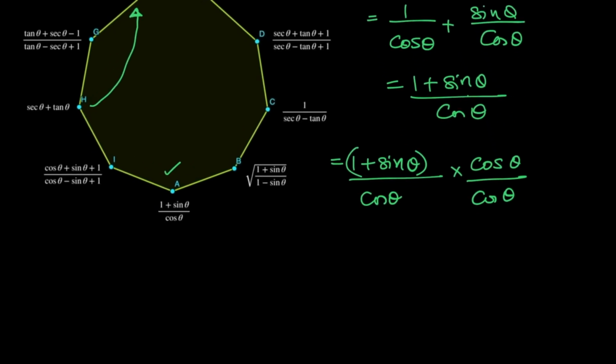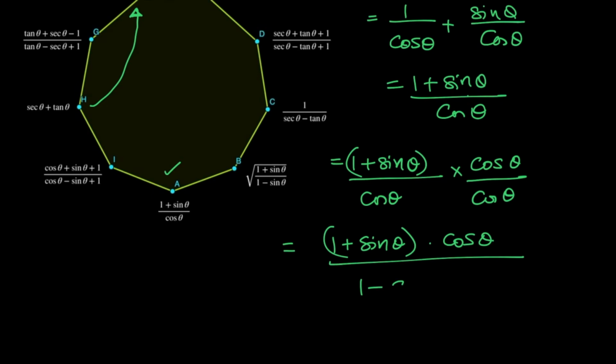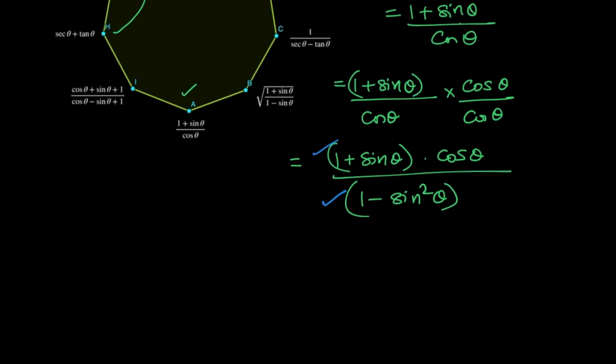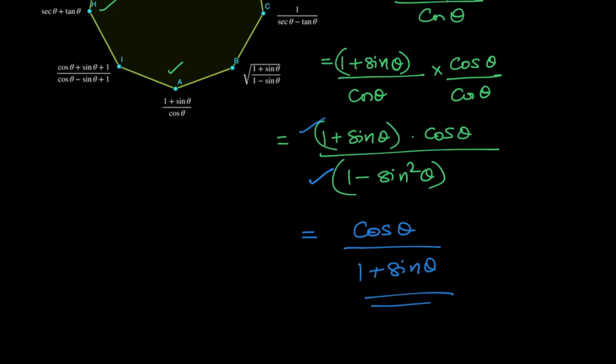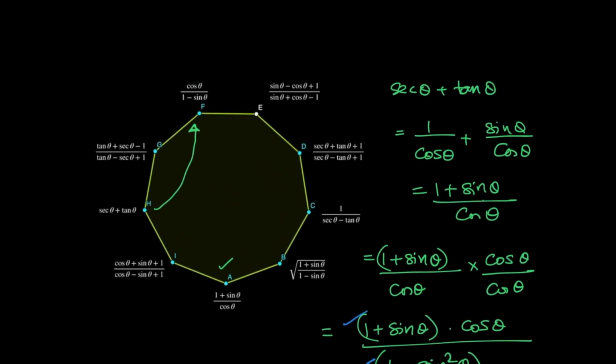Now this is 1 plus sin theta into cos theta. In the denominator we have cos square theta, that is 1 minus sin square theta. So here 1 plus sin theta will get cancelled. So what we are left with is cos theta by 1 minus sin theta in the denominator. So we have this as well.